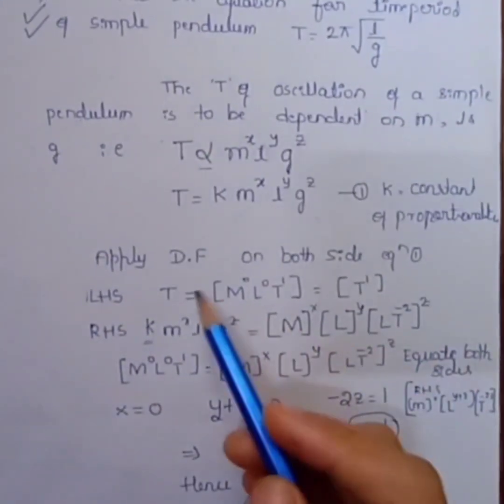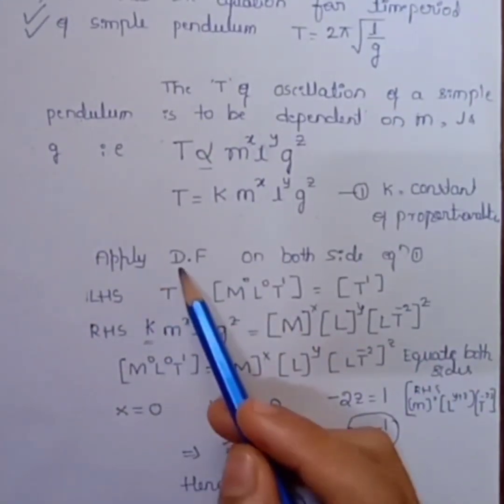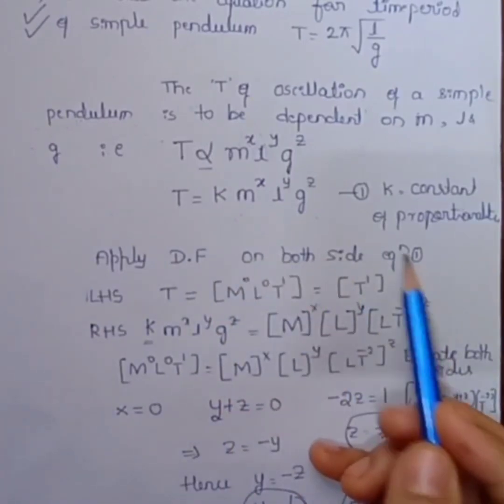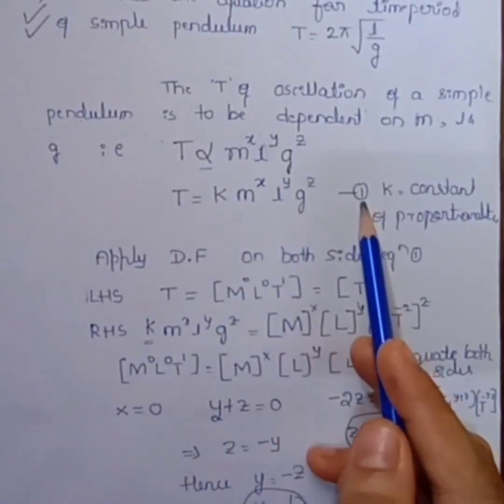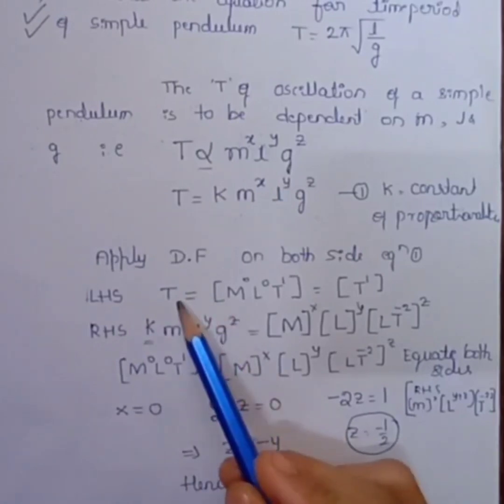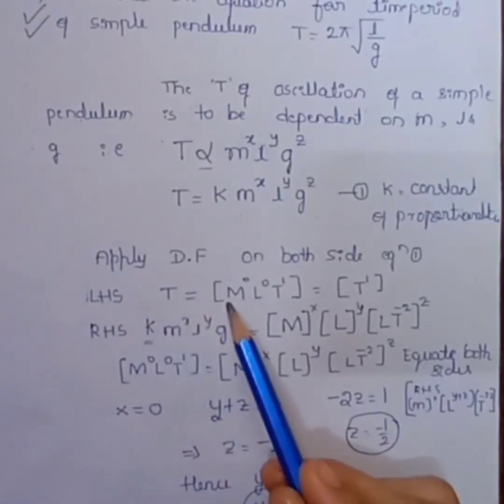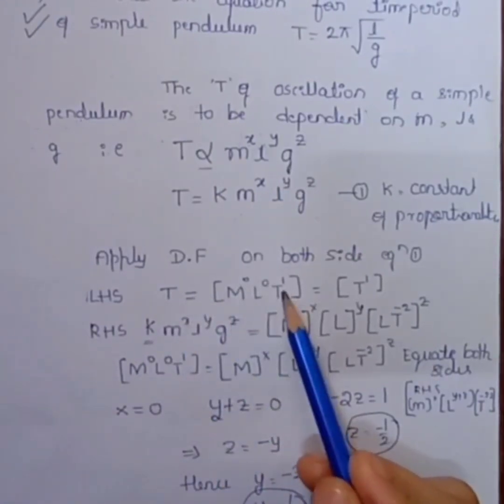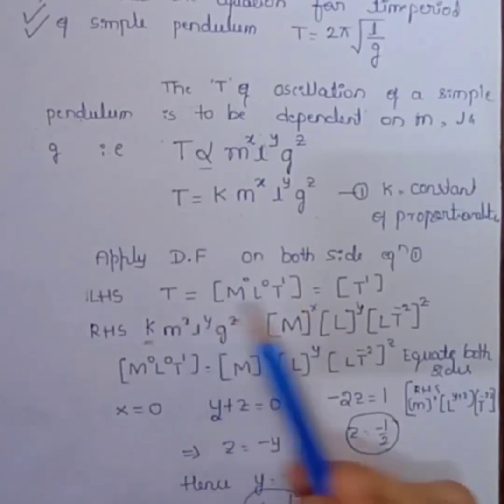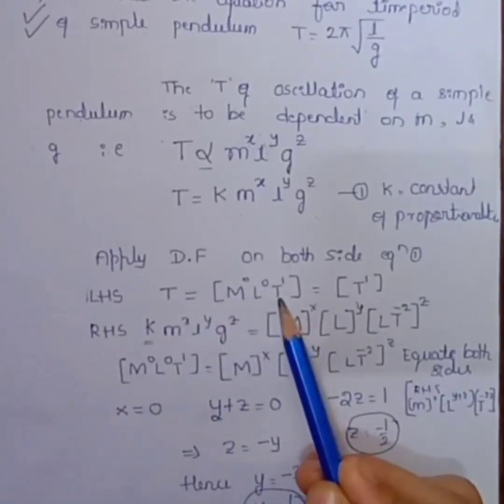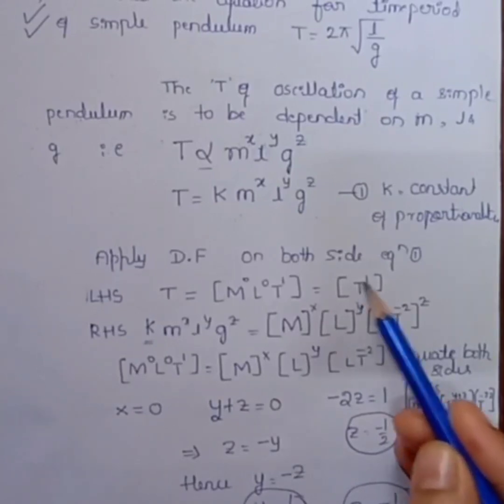Now we have to apply dimensional formula on both sides of the equation 1. This equation is equation 1. LHS equals time period T, which is M⁰L⁰T¹. Why? Here it only contains the time term, that is T, so it becomes T¹.